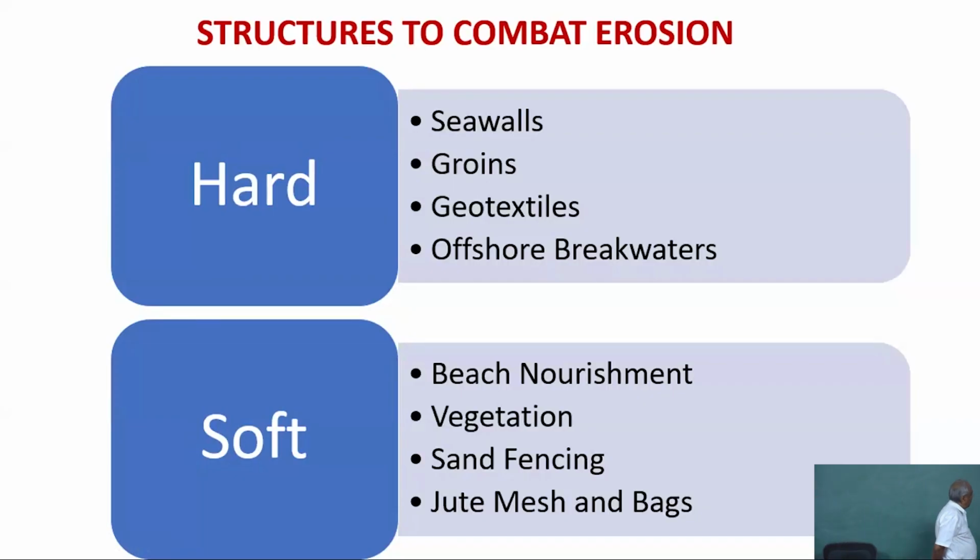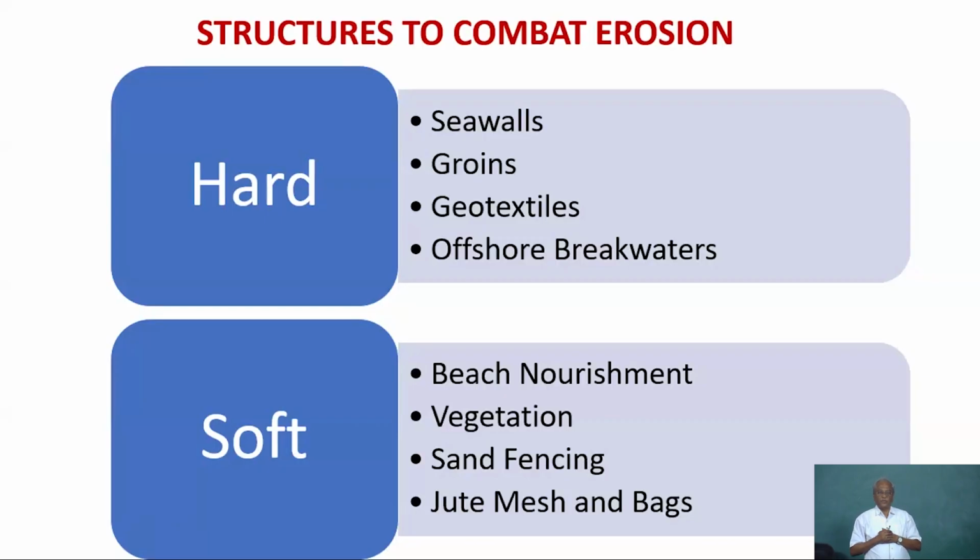Under the hard measures, you have seawalls, groins, geotextiles, as well as offshore breakwaters. Geotextile is only a material. The structure can be a seawall, groins, or offshore detached breakwaters. The material you use can be quite different. It can be a geotube, geotextile, or natural rock, or something else. Even casuarina poles can be used.